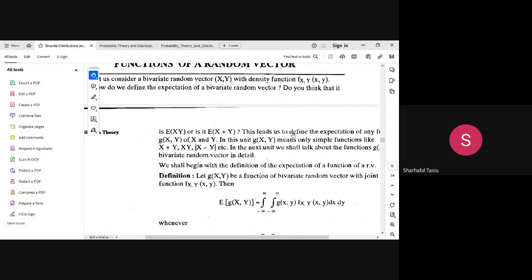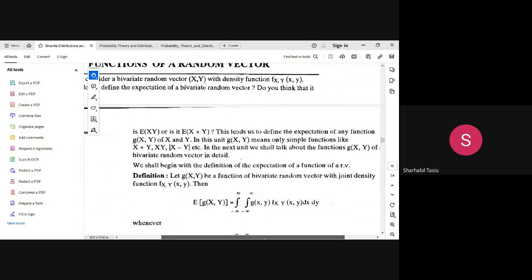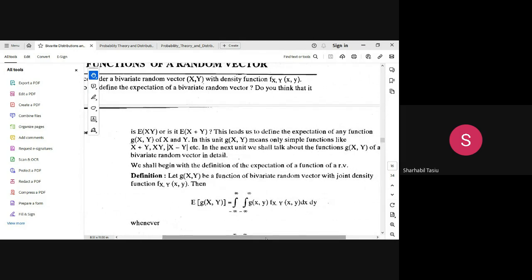So this leads us to define the expectation of any function g of x comma y, which makes it bivariate.